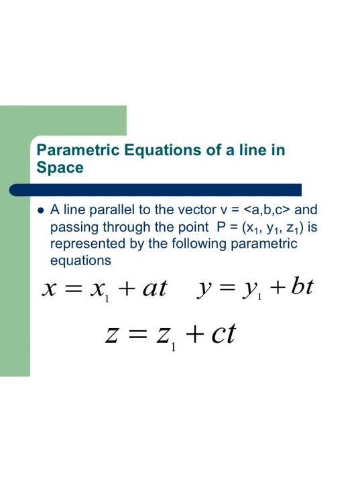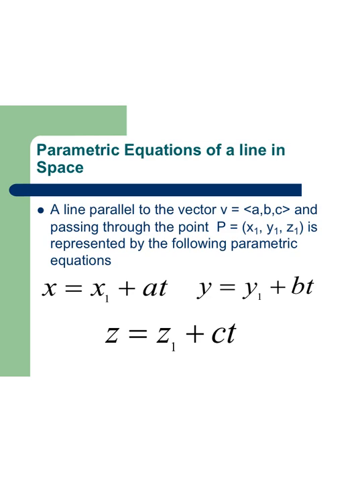For the second, we have y equals y1 plus bt, where y1 is the y-coordinate of the point on your line, and b is the y component of the parallel vector. Finally, we have z equal to z1 plus ct, where z1 is the z-coordinate of your point, and c is the z component of your parallel vector.